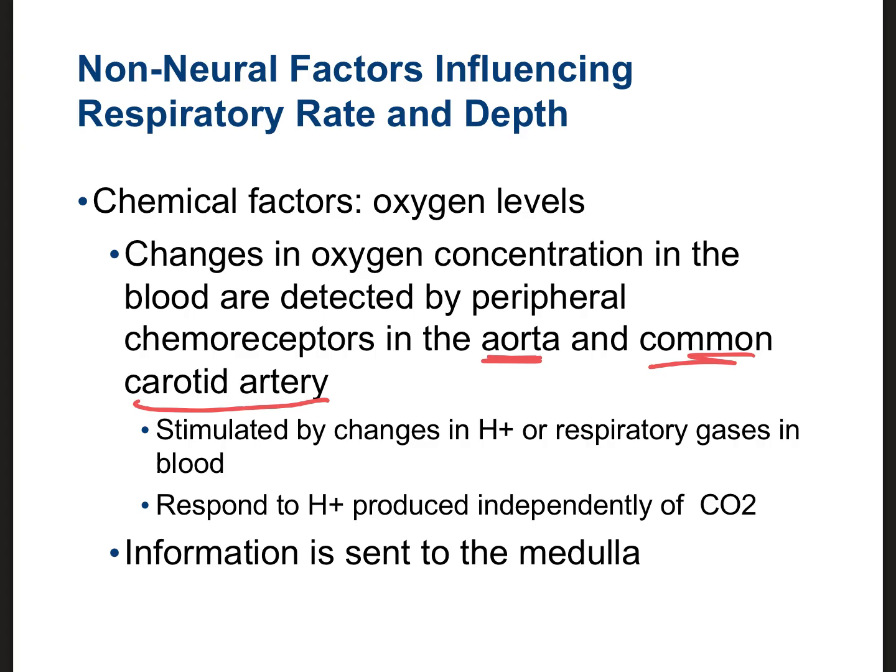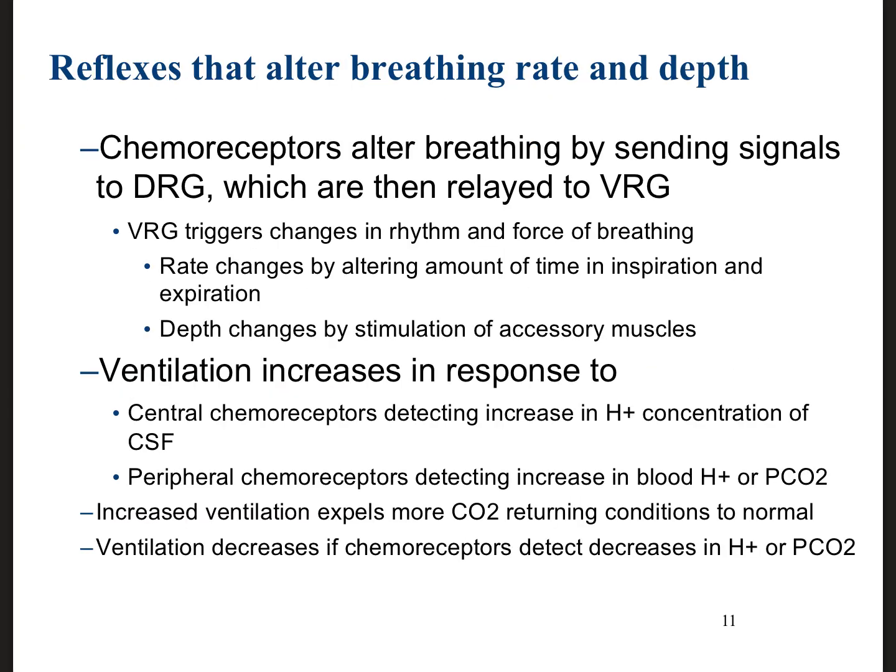Whether we have some problems with fluid intake or kidney issues, that could cause a change in blood pH, and that's what will change respiration rate through this system. That would be separate from what we see in the cerebrospinal fluid. So there's actually two avenues that hydrogen ions can cause that. This information sets the medulla and influences respiration rate and depth.